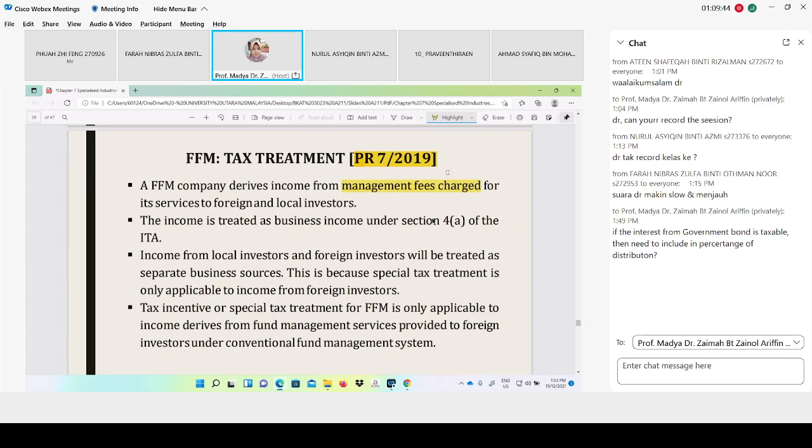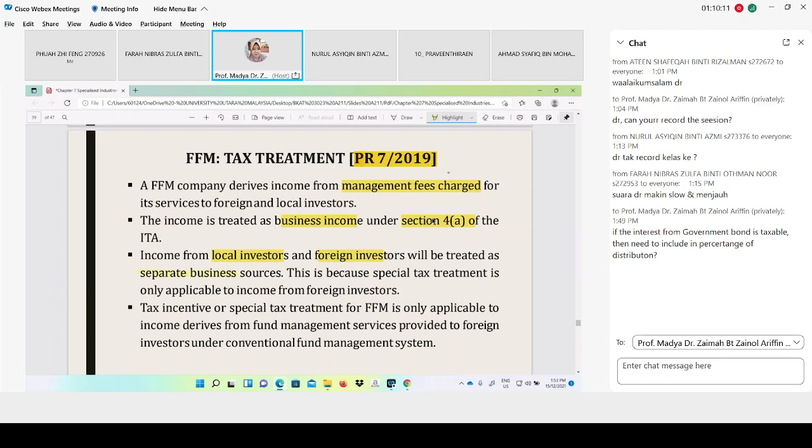So the income is treated as business income under section 4A. Similar to what we read just now, the income received is not considered investment income, but it is considered section 4A business income. Okay, income from local investors and foreign investors will be treated as separate business income.